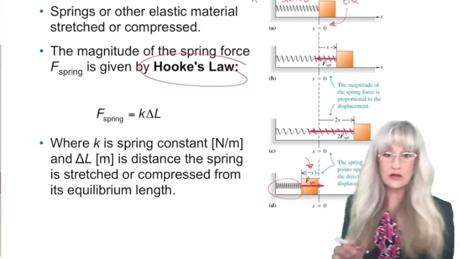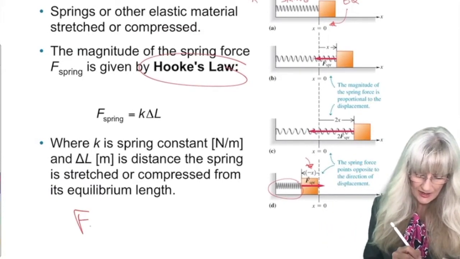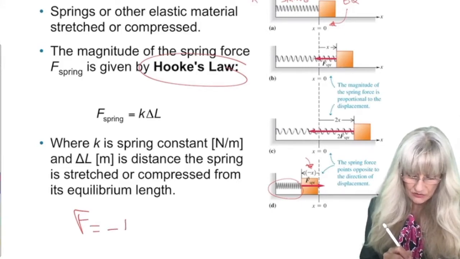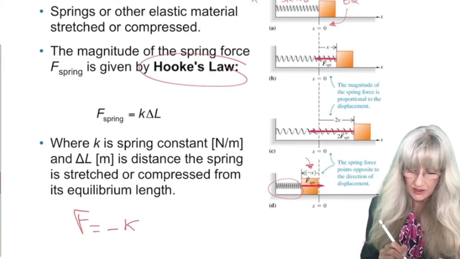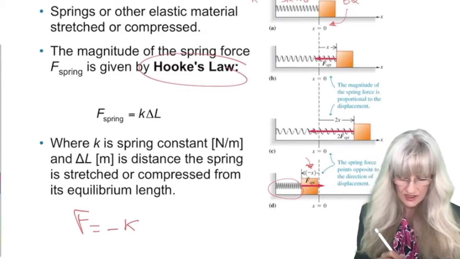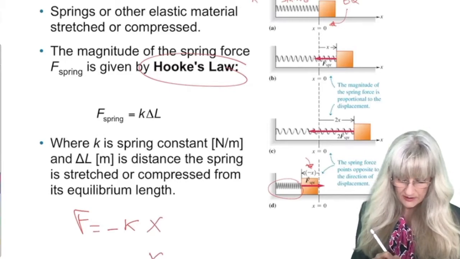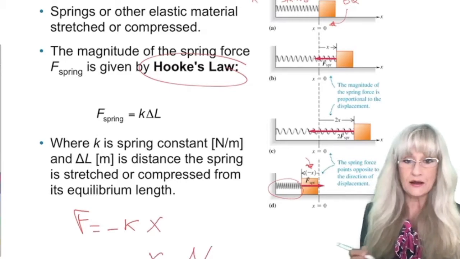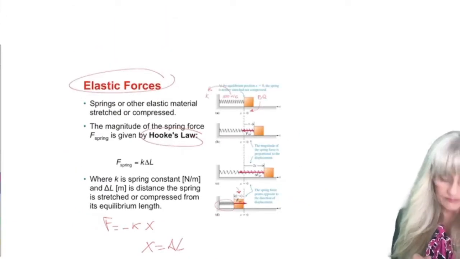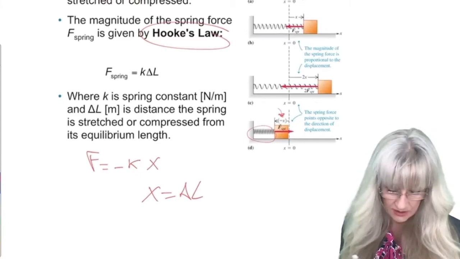So in general, we find Hooke's law, and I like to write it down like this: minus k, that's the spring coefficient, the spring constant, multiplied by x, where x is nothing else than delta L, your displacement. So Hooke's law is always taken with the negative.